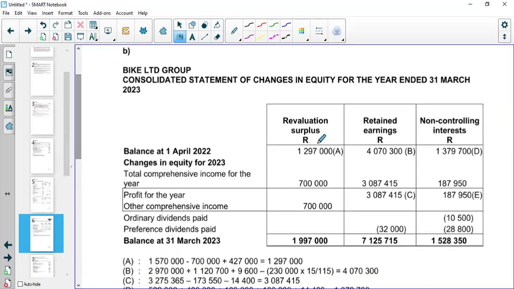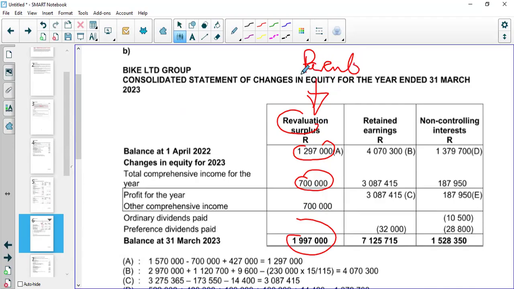So if we start with the revaluation surplus, we start with 1297 at the beginning, then the current year it's 700, and then at the end, that's what we have. Revaluation surplus is an account that belongs to the owners of the parent, the shareholders of the parent.